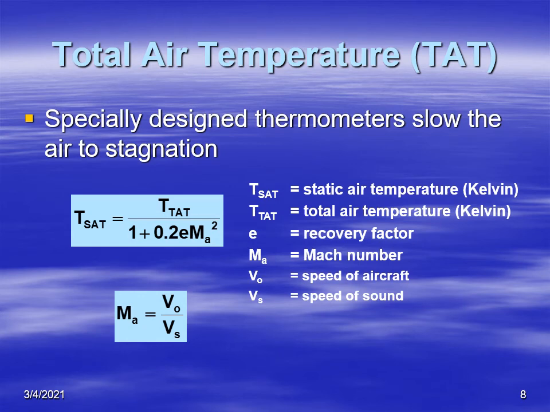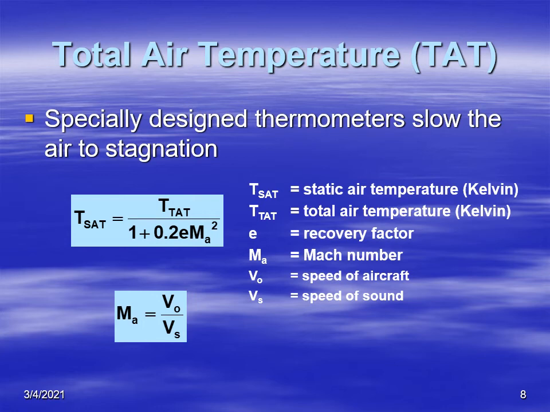Thermometers are specially designed. It takes lots of thinking, lots of aerodynamic testing to come up with a thermometer that has a very high recovery factor, meaning that it completely slows the air down and you get a rise in temperature.